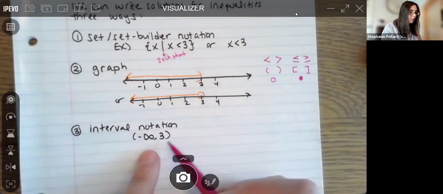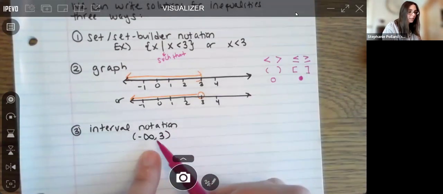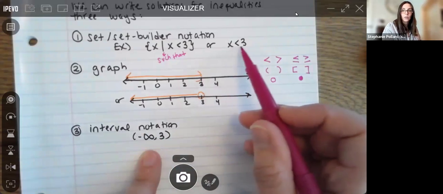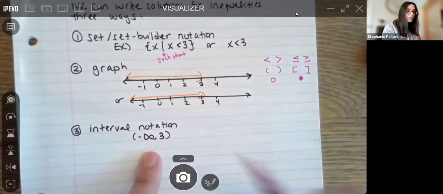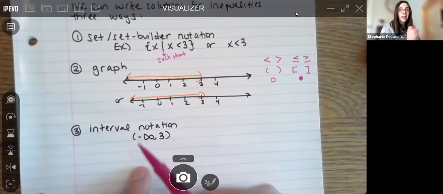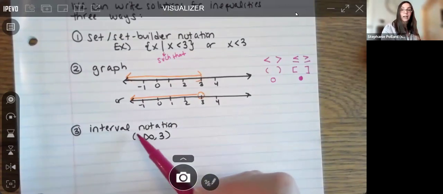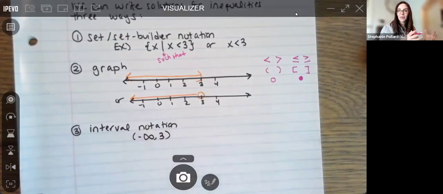So if that 3 is included, you would use a bracket, but if the 3 is not included, like here, it's strictly less than 3, so we're not including the 3, we use a parenthesis. Now, infinities always get parentheses as well. Infinities will never get a bracket. They will always get a parenthesis because we can never actually touch infinity.